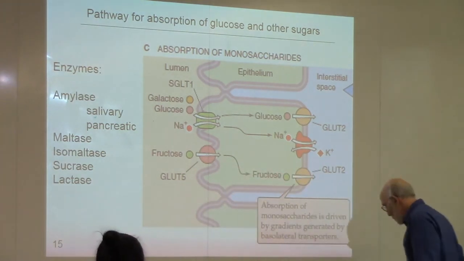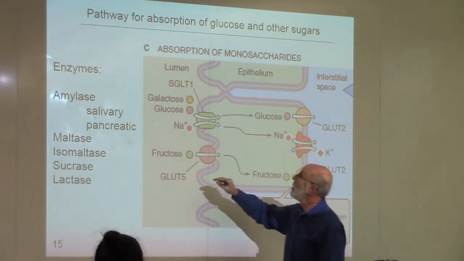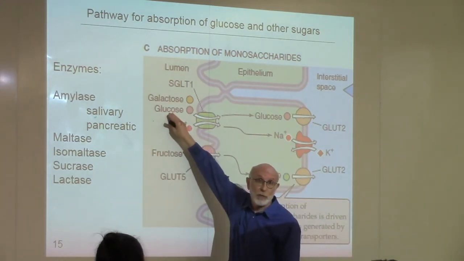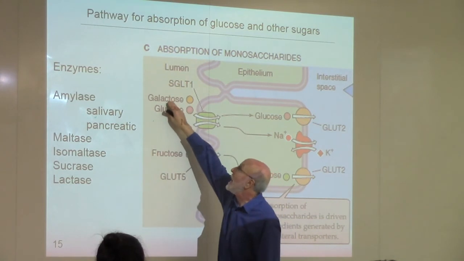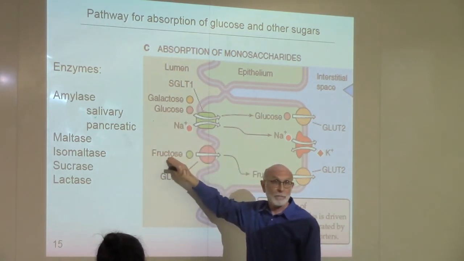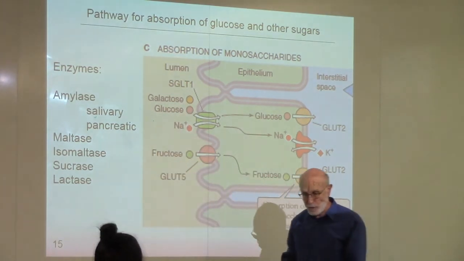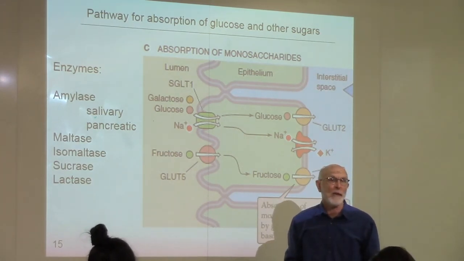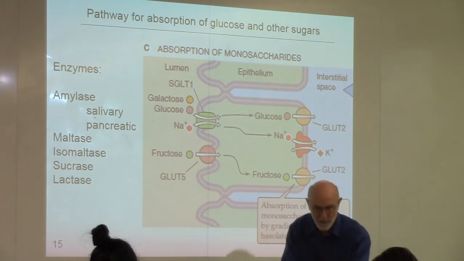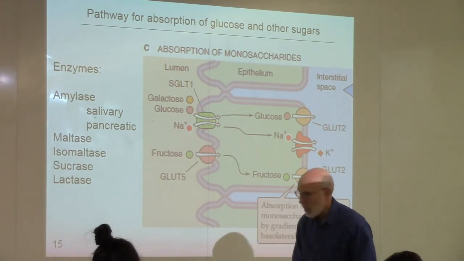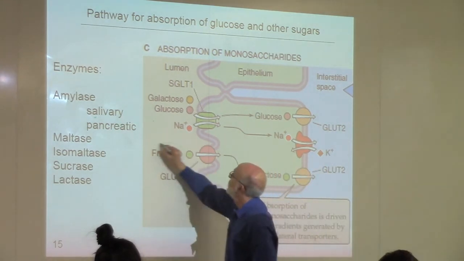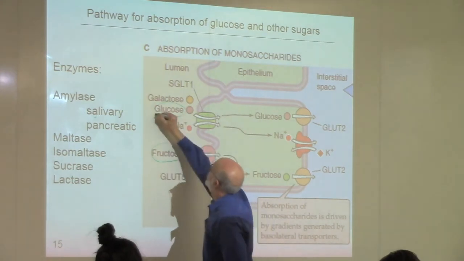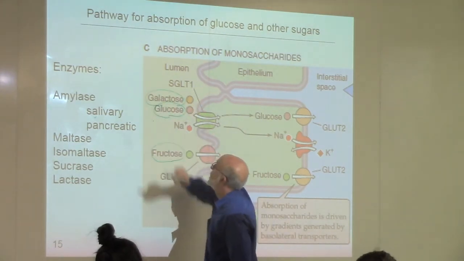The three main sugars that we have to talk about are glucose, which you know all about from cell physiology, and two others, galactose and fructose. Those are the three main components of the starches that we eat and digest. There are others that I won't talk about. Fructose, glucose, and galactose.